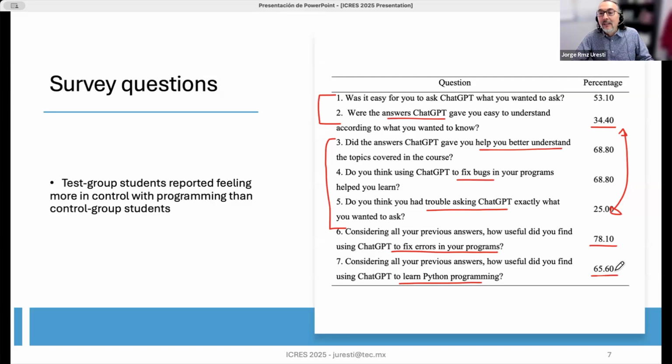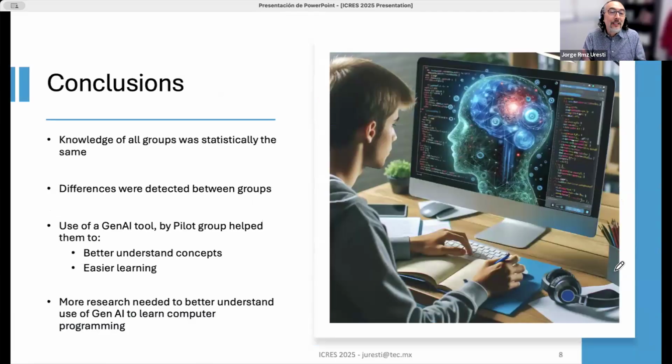So in a way, it's true that the use of these generative artificial intelligence tools is good for them for learning, but it's not clear how they are using them, and if they are really understanding what the tool is giving them. That's the conclusion that we have: even though all the groups were statistically the same, we saw differences.